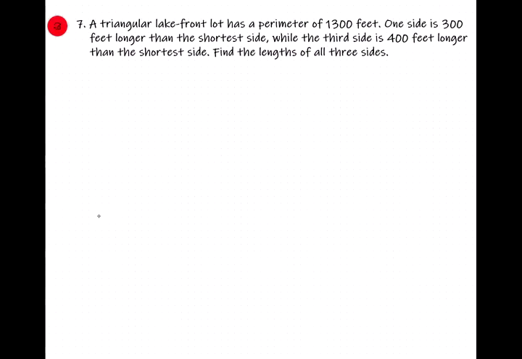A triangular lakefront lot has a perimeter of 1,300 feet. Okay, so we're dealing with a triangular lot. So let's just draw any triangle will do. The triangle has 3 sides. And the perimeter means the distance around.